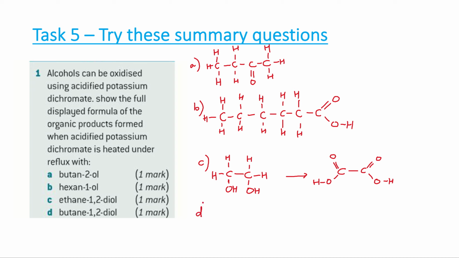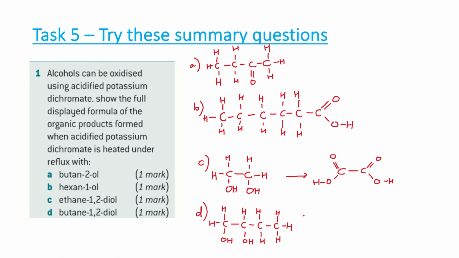D is butane 1,2-diol. I'm just going to draw that out just so we can see the difference here. So 1, 2. Hopefully you can see the one at carbon 1 is a primary alcohol, and this one here is a secondary alcohol.